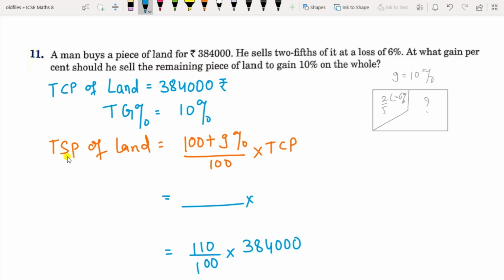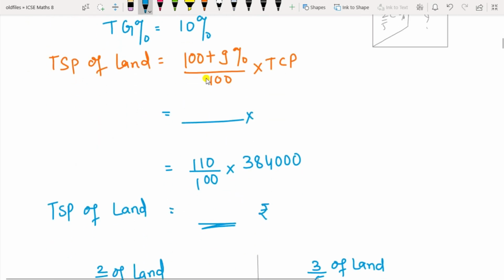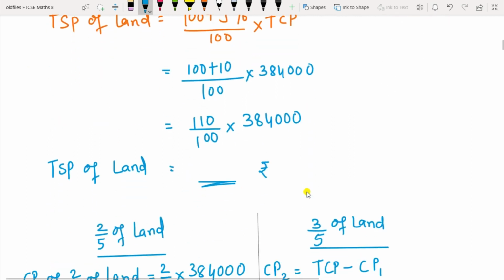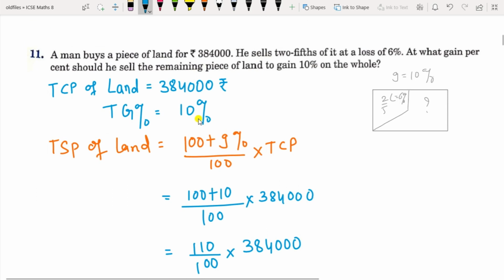So the total selling price should be (100 plus 10) upon 100 multiplied by the total cost price, 3,84,000. If you cancel these, you get the total selling price of the land as 4,22,400 rupees. That will be the total selling price of the land if it is sold with a gain percent of 10%.